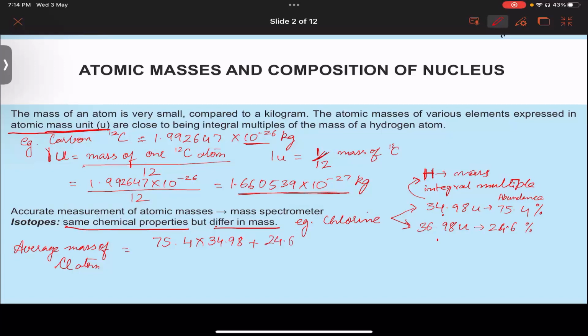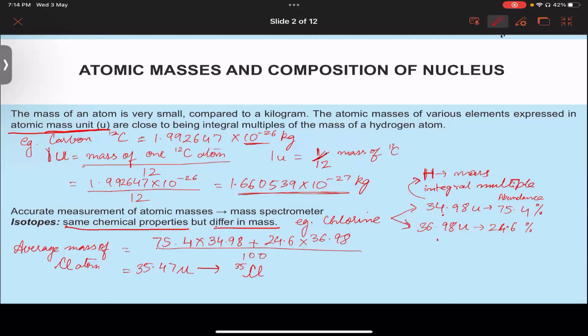So you have 24.6 multiplied by 36.98 divided by 100, and so on. Your average mass comes out to be 35.47 U. This is the mass of the chlorine atom, which we write as this. So this is for chlorine.